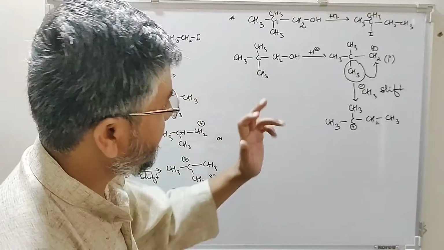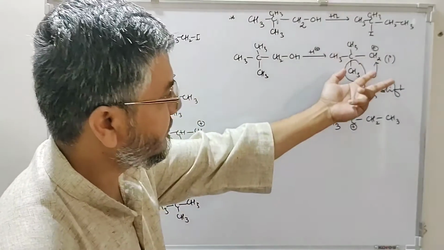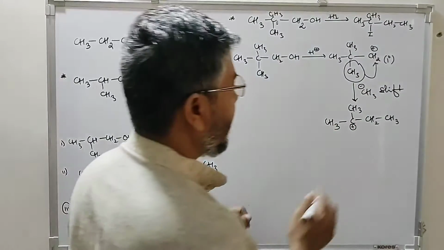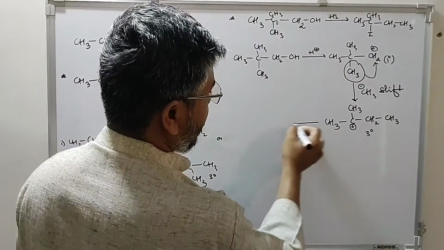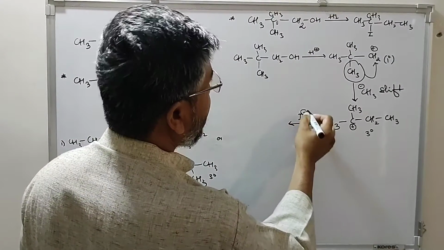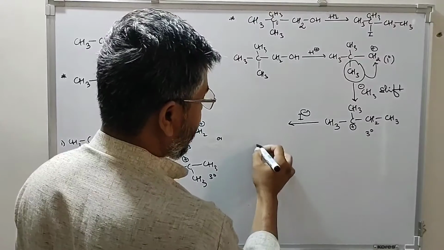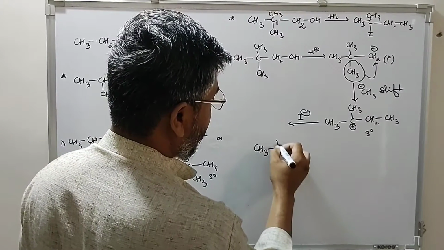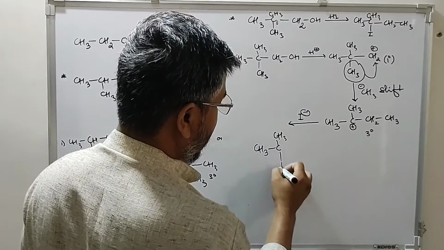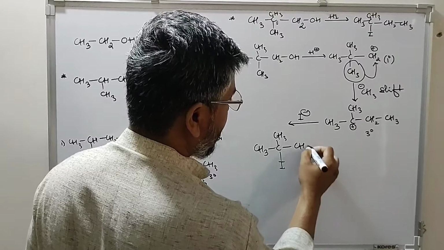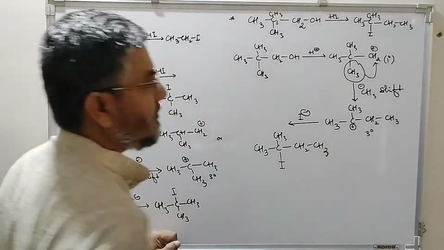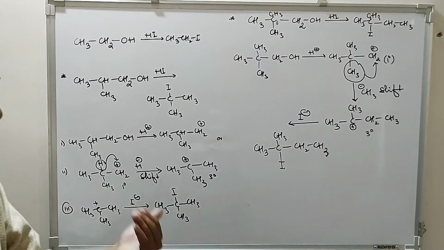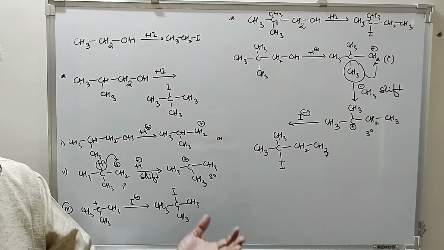So by this methyl shift, we get a very stable tertiary, and finally this tertiary cation combines with I minus, which is present here. So this gives you CH3, CH3, CI, CH2, CH3. This is how we obtain a rearranged product.